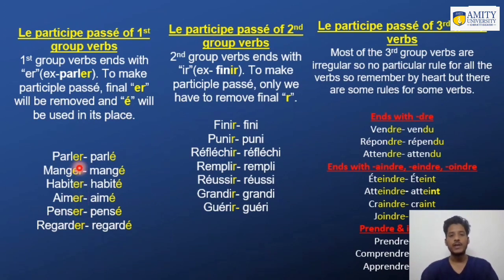So for the first group verb, you have to remove er, and instead of that you have to use é. So parler, er removed and added é, parlé. Similarly, manger, er removed, é, mangé. Habiter, habité. Aimer, aimé. Penser, pensé. Regarder, regardé.